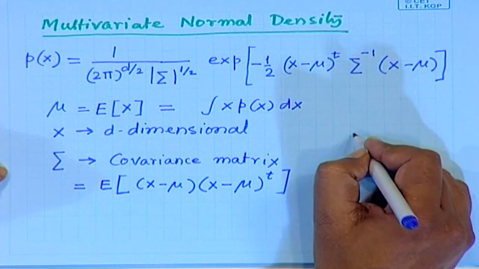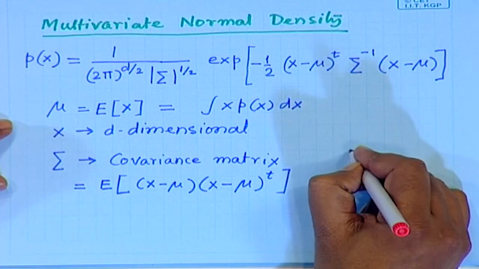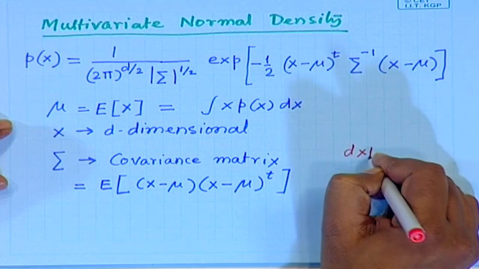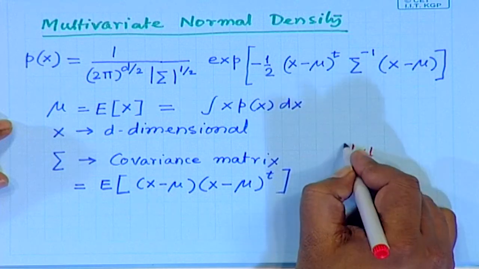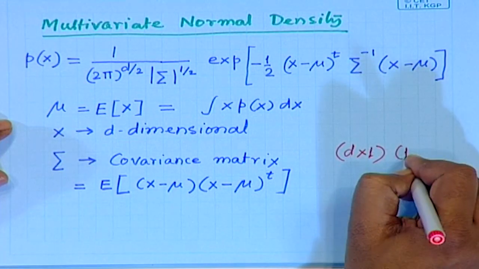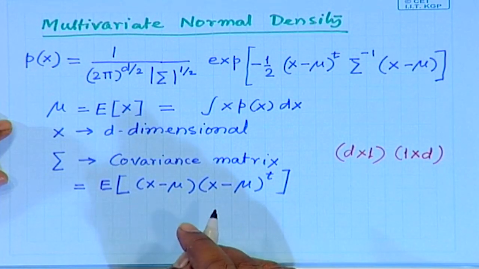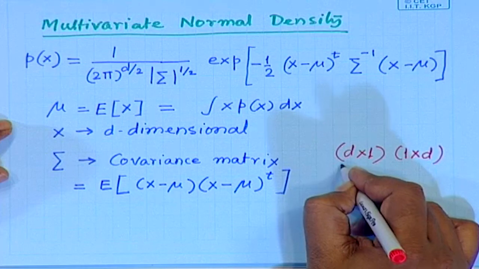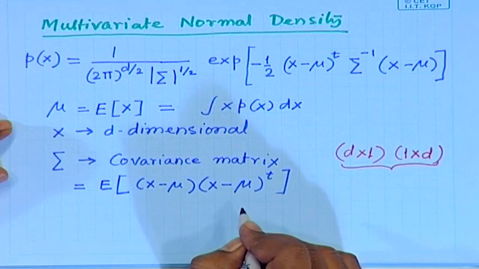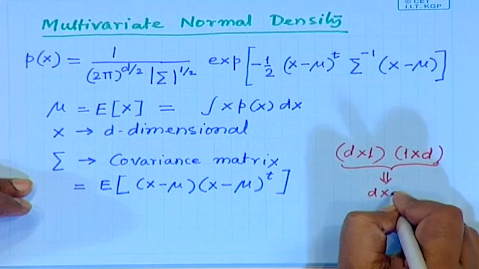So, x minus mu is of dimension d by 1, because it is a column vector, and (x minus mu) transpose is a row vector of dimension 1 by d. So, this is actually the outer product of two vectors, and the result of an outer product is a d by d dimensional matrix.